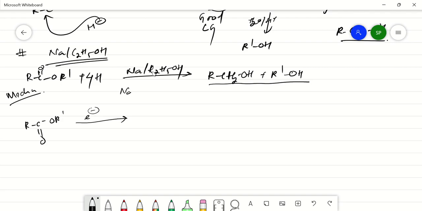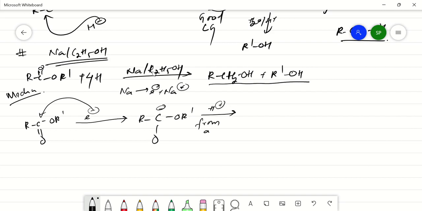This sodium will give one electron, plus Na plus. This will form a radical anion, and this negative charge will gain one H plus from alcohol to produce RCH(OR dash).